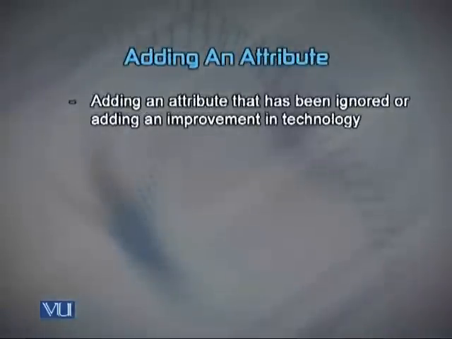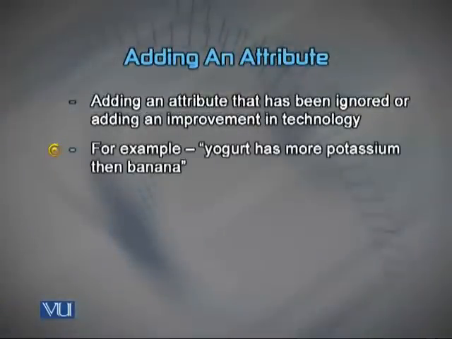Finally, we have what we call adding an attribute. A small example is, मिसाल के तौर पे we know that कि bananas जो हैं या केला, उसके अंदर the concept is that it has lot of potassium. जो milk products होते हैं उनमें calcium होता है. अब if I want to bring a new attribute in my yogurt, that is the product that I am selling, I can start emphasizing कि yogurt में potassium की मिकदार जो है वो banana से या केले से ज़्यादा है.